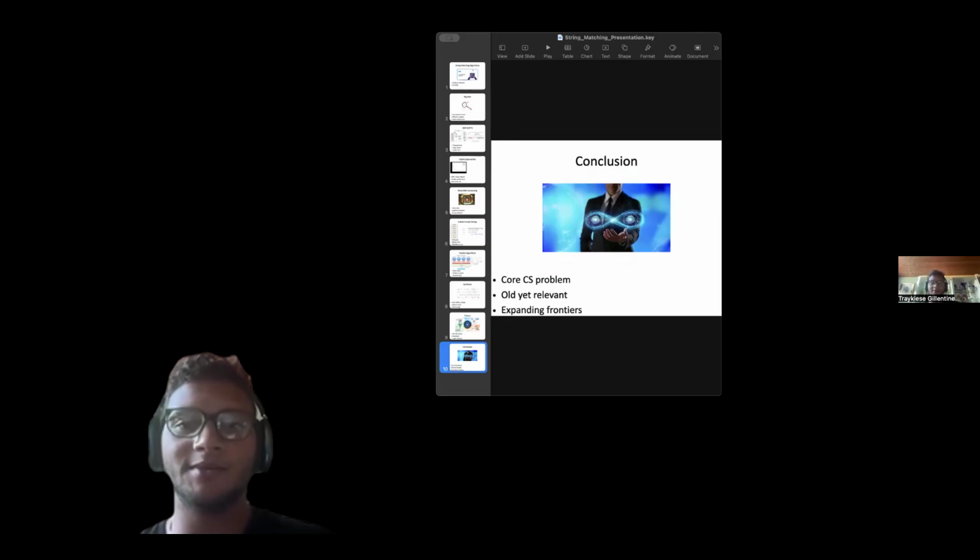The fact that researchers are still publishing innovative papers on string matching today shows just how central it is. It's a problem that connects the past to the present and the future of computer science, and one that will likely continue to inspire new solutions as our data and computing environments grow in complexity.